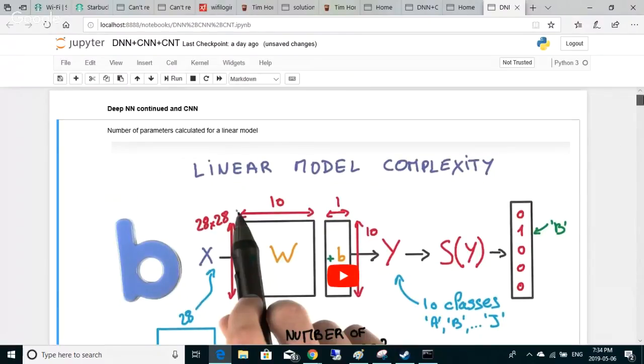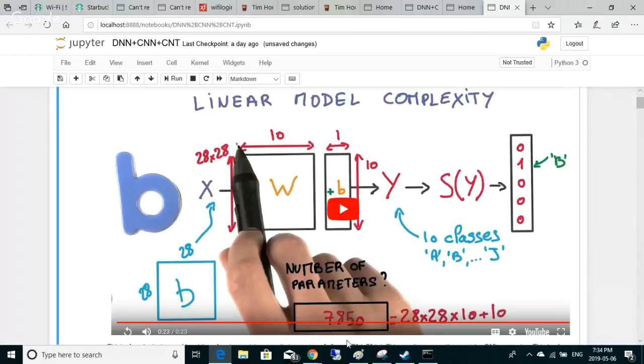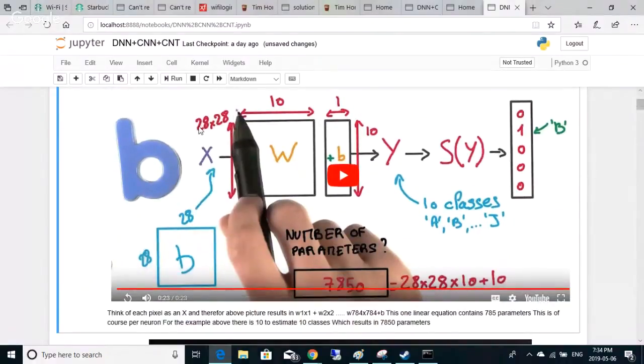This is an example of how to calculate the number of parameters for a linear model. The image is 28 by 28, with 10 classes. You get 7,850, because you have the weights for each one of these pixels, and you do that 10 times, and you also do the bias 10 times.